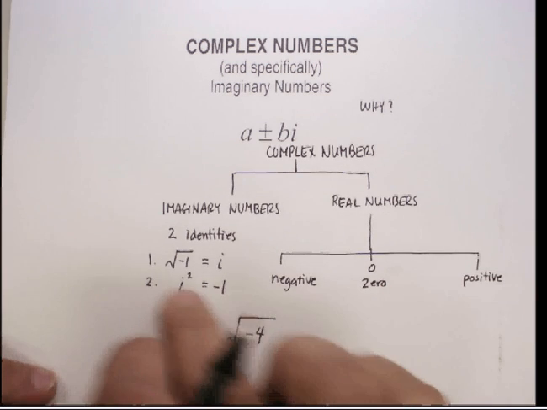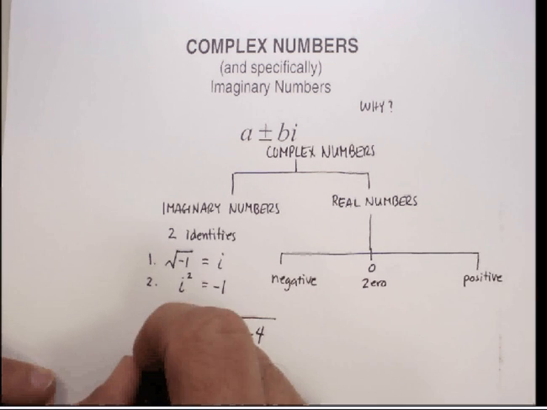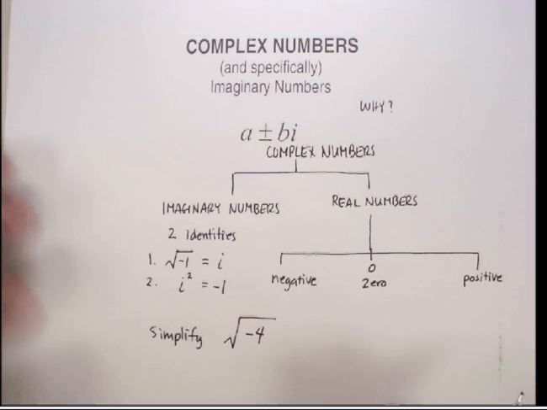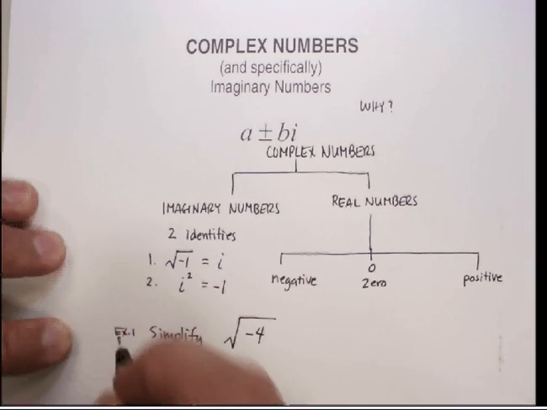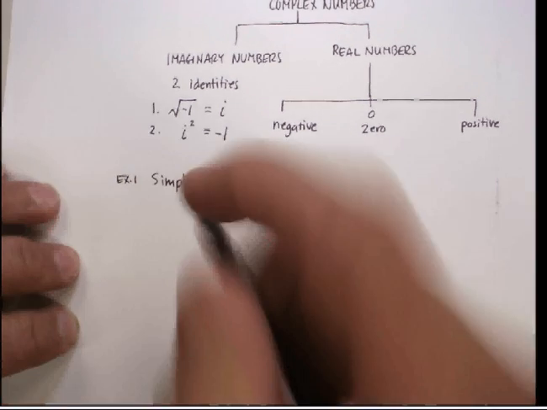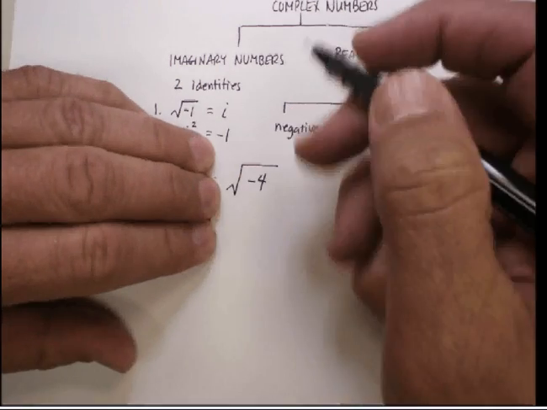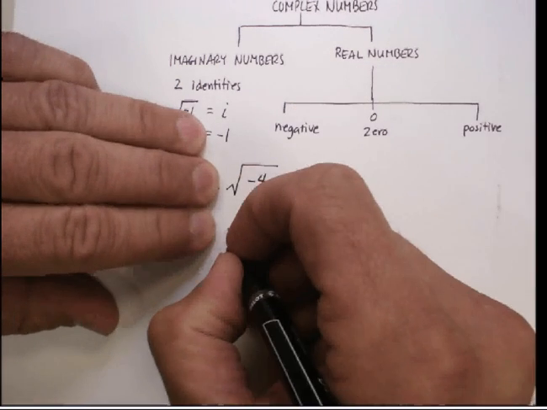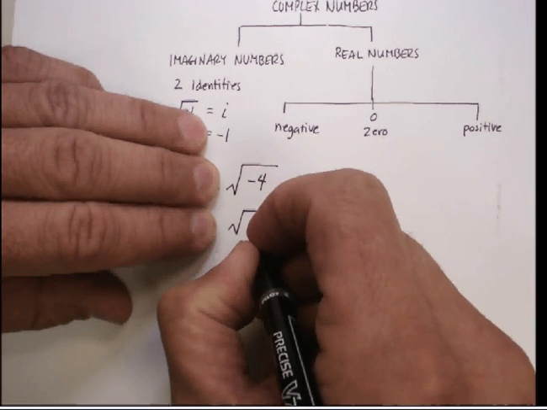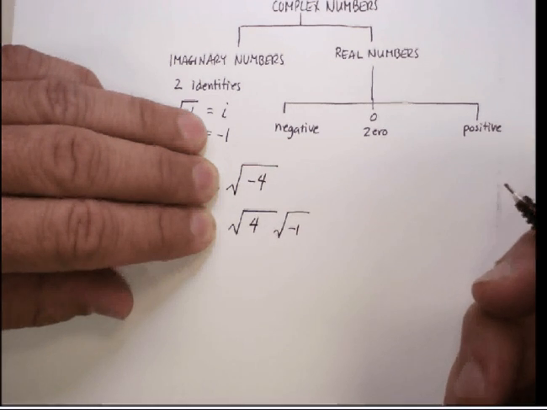So using those 2 identities, let's see what a problem would look like. Let's simplify something like the square root of -4. So this will be our first example. So what is the square root of -4? The way you simplify that, these are my Roman numerals, this means steps, that doesn't mean imaginary number, okay? The way you simplify that is to do this. You break this up into the square root of 4 times the square root of negative 1.